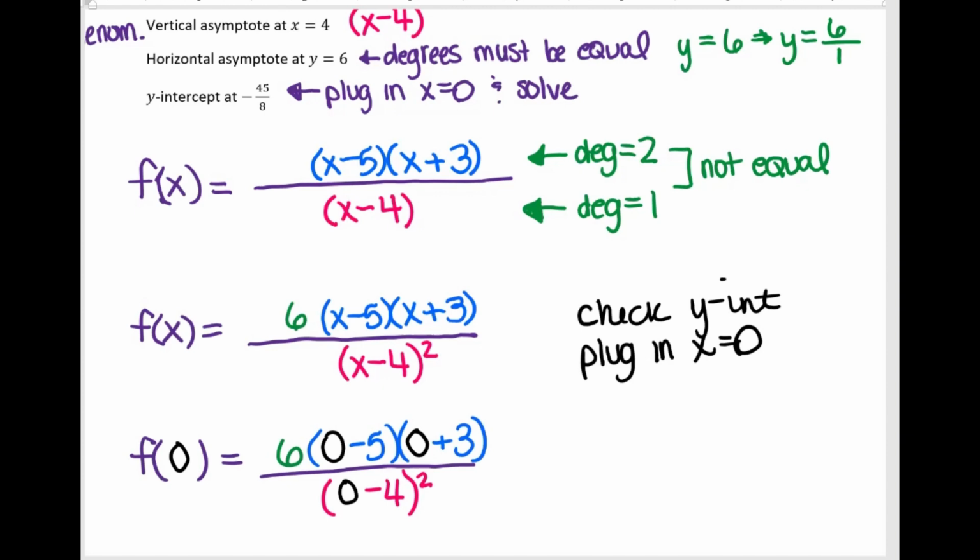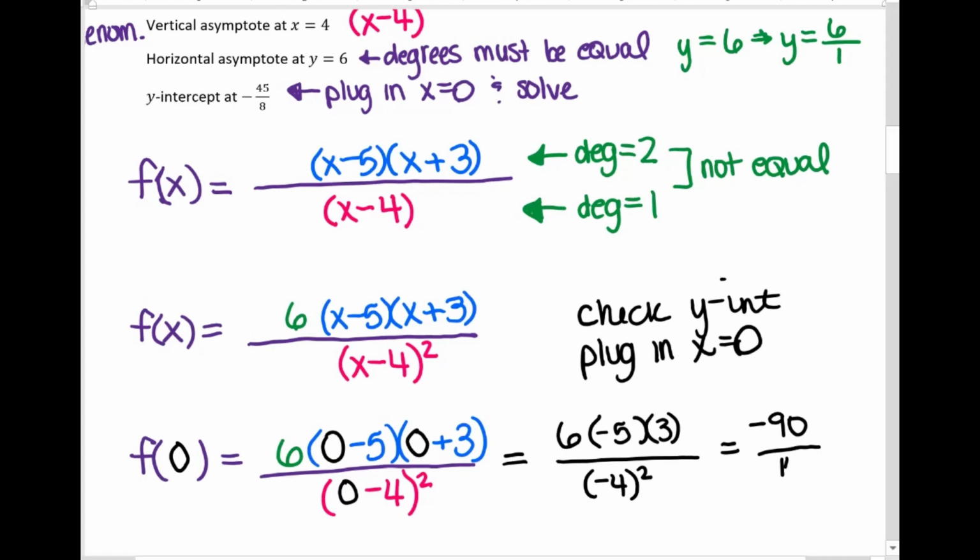Let's go ahead and start simplifying some of this down. Up top, we're going to have 6 times negative 5 times 3, because 0 minus 5 is negative 5, 0 plus 3 is positive 3, all over negative 4 squared. If we do the individual steps in our calculator, the top will get us to negative 90, because 6 times negative 5 is negative 30 times 3, all over positive 16.